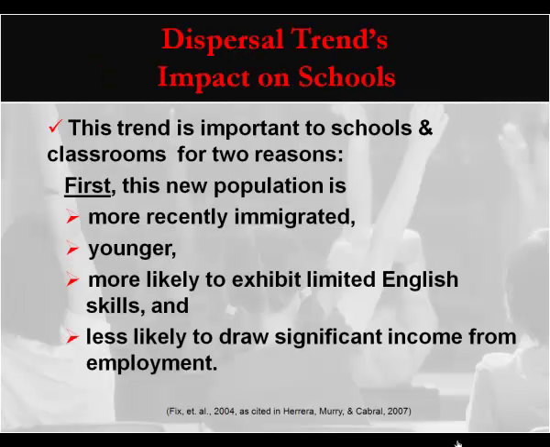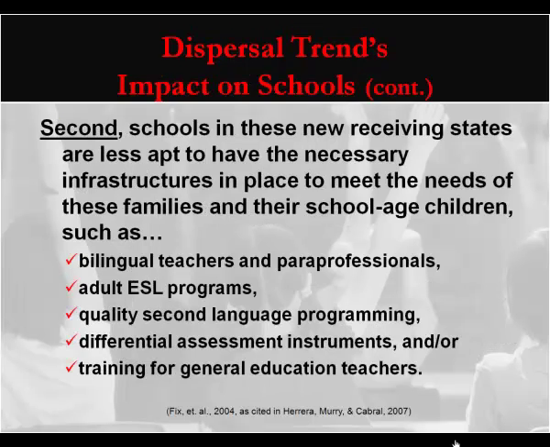Dispersal trends impact on schools. This trend is important to schools and classrooms for 2 reasons. First, this new population is more recently immigrated, younger, more likely to exhibit limited English skills, and less likely to draw significant income from employment.